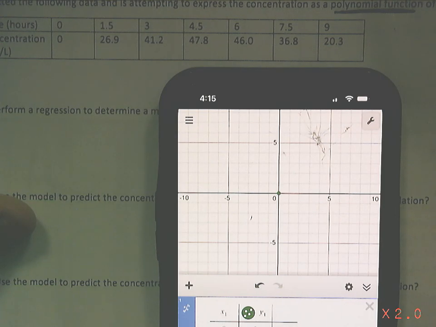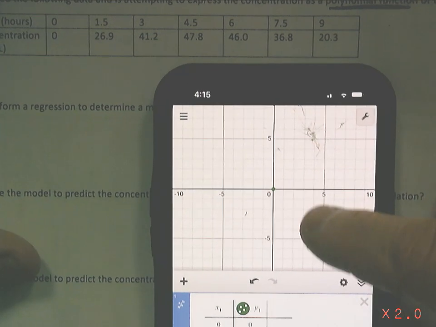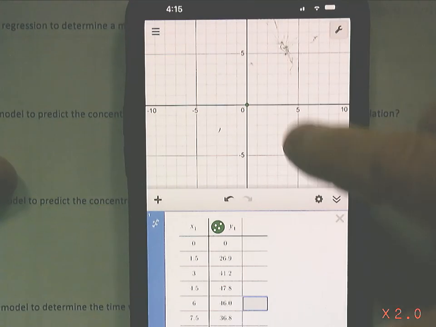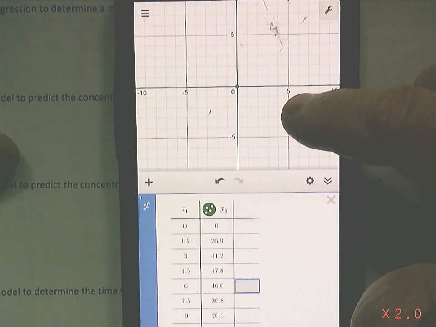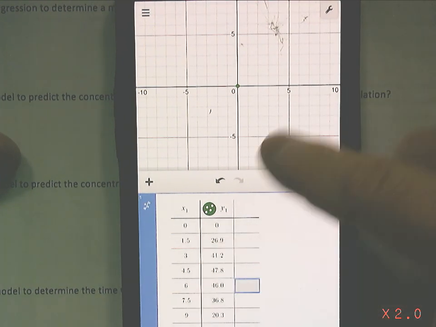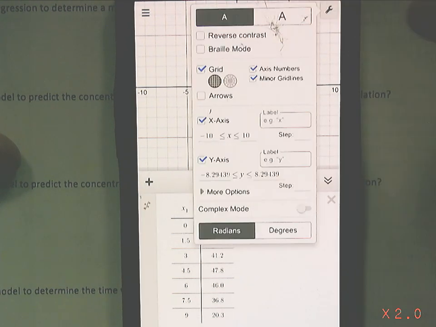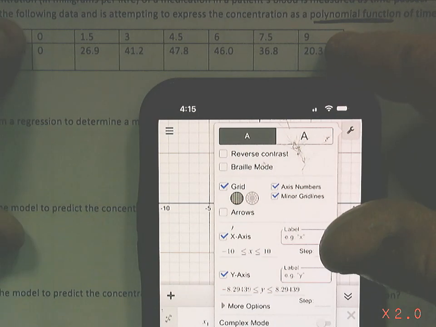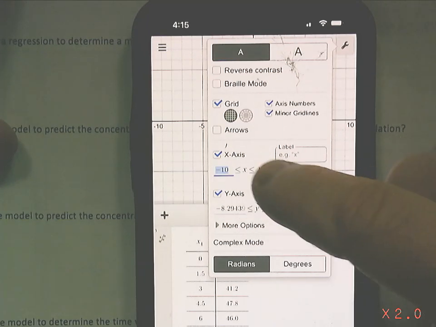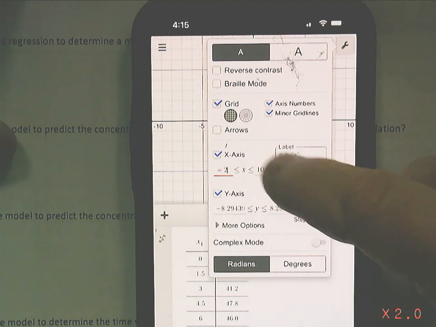So here we go. Now again, I'm expecting to see a bunch of dots up here, but notice I don't see that information because I don't have the right scale. So again, I go to the wrench. I love the wrench. I can see my x is big as 9, low as 0, so x is going to go, I don't know, -2 to 10.